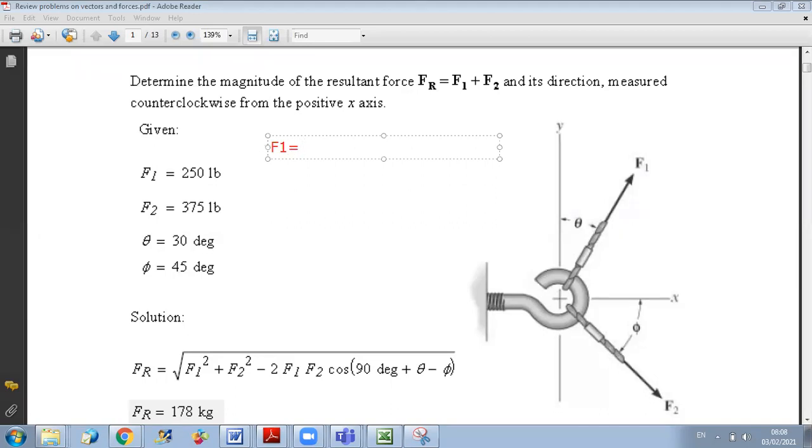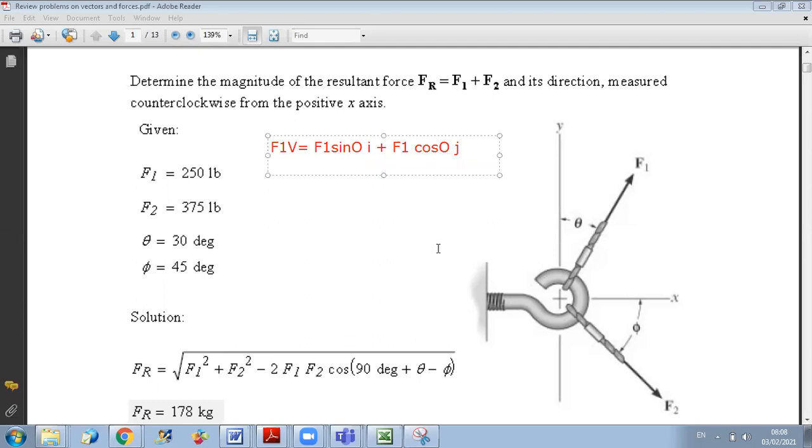So F1 from the figure, F1 vector, is equal to F1 magnitude times sine theta along i, plus F1 cosine theta along j. Okay, because it's cosine along j since the angle theta is between F1 and the Y axis.